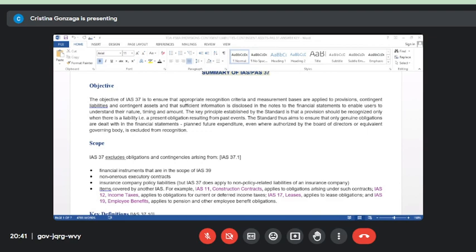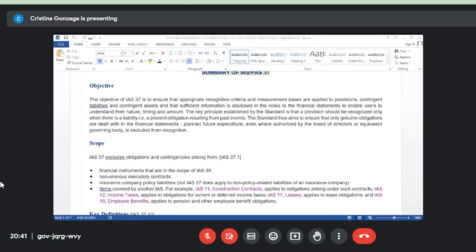Okay, so sasagutan na natin. Sandali, nahanap ko. Ayan, ito. May mga examples tayo dyan ng mga examples of provisions, circumstances.